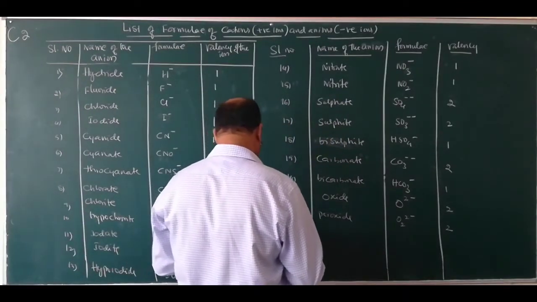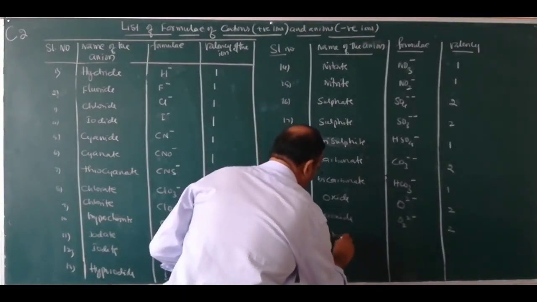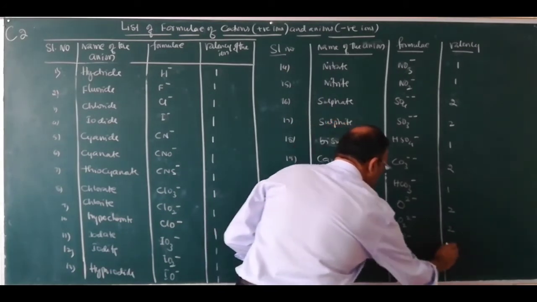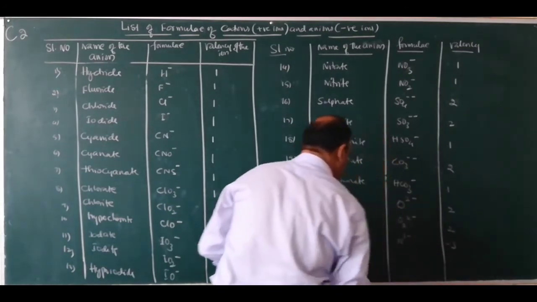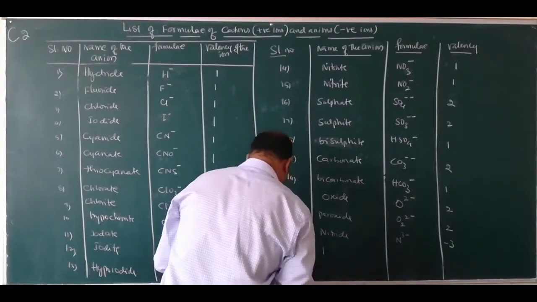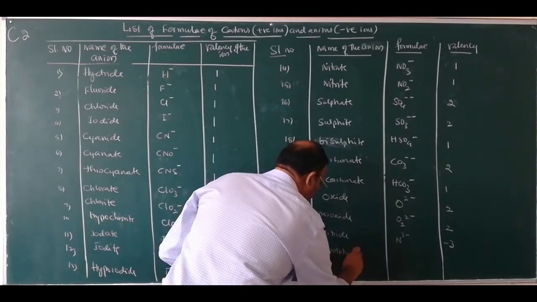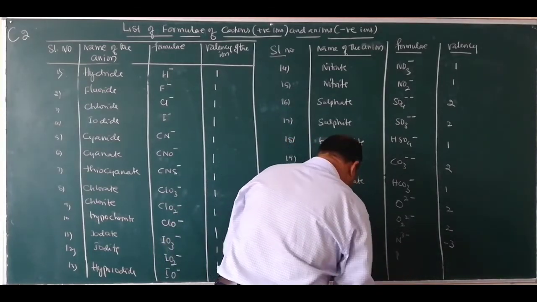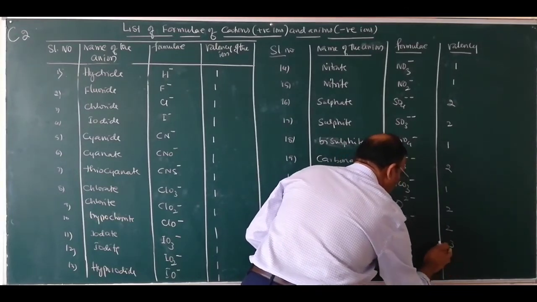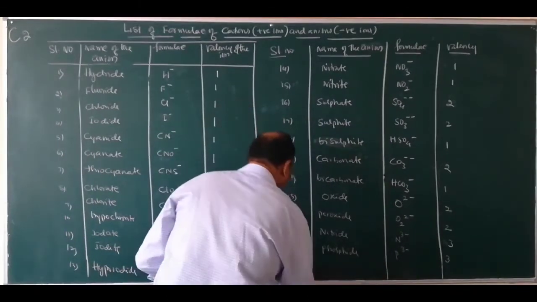Next, nitride, N3 minus, valency -3. Phosphide, P3 minus, these are all minus, phosphide 3.